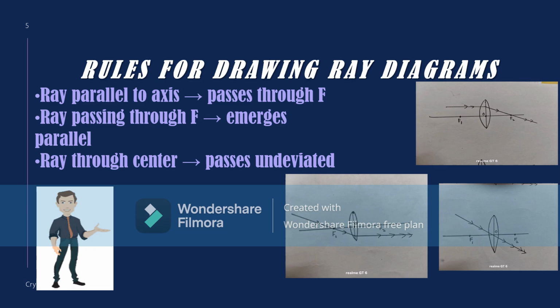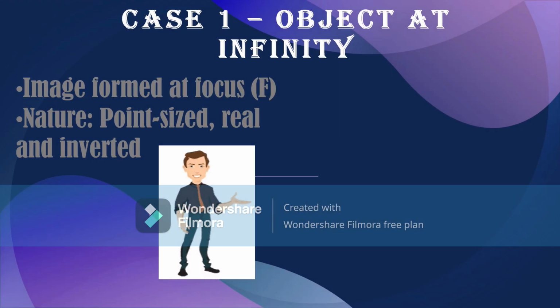So, our case 1 is object at infinity. If an object is very far away, like the sun or a star, we say it is at infinity. In this case, light rays coming from the object are nearly parallel.